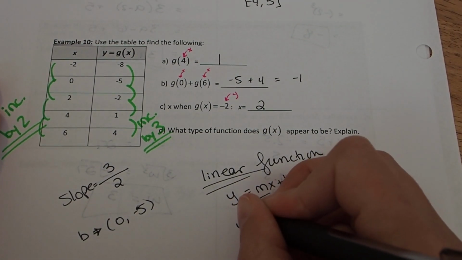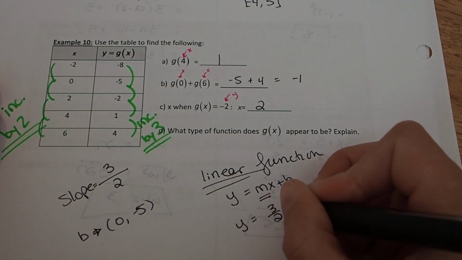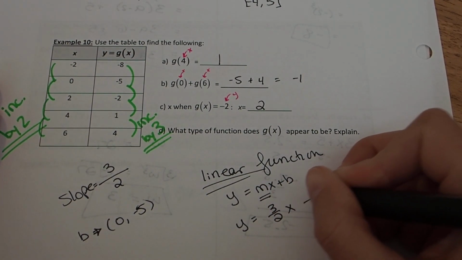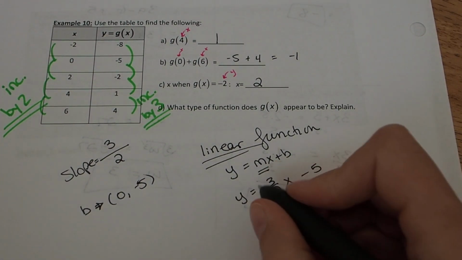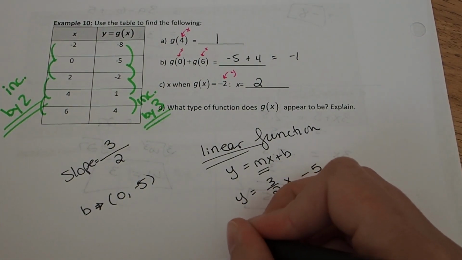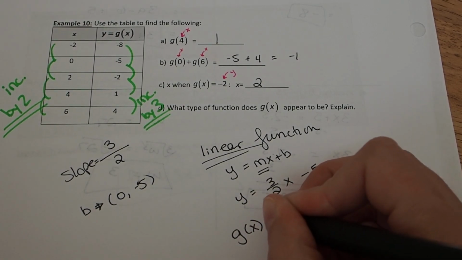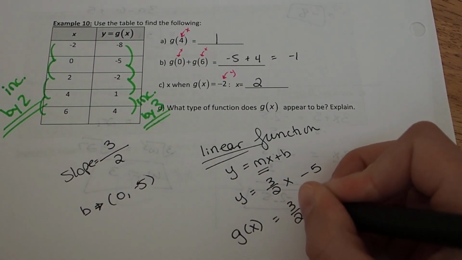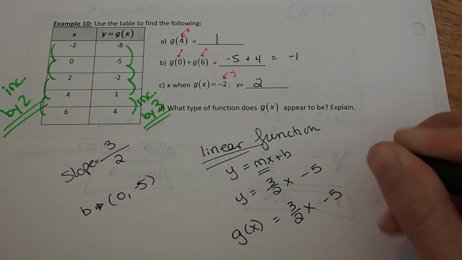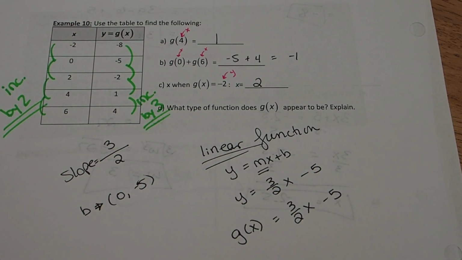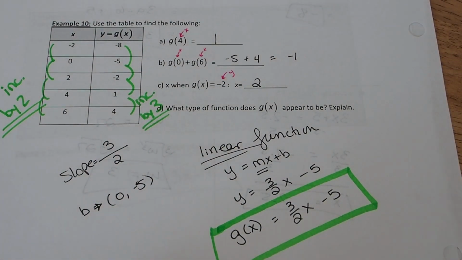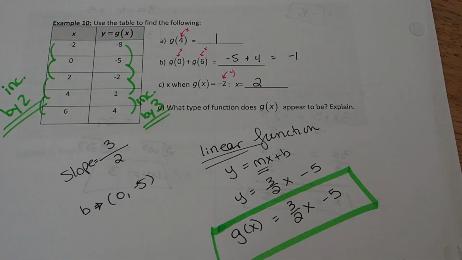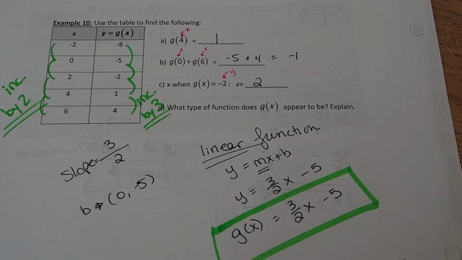So the equation for this line would be 3 over 2 x minus 5. Now, it's not just a line, it's a function, so I'm going to replace y with the new name of this function, g of x. So I can write the equation for this one. We're just doing a little bit of creative thinking about this question to recognize it as a linear function. All right, that's the end of this section.